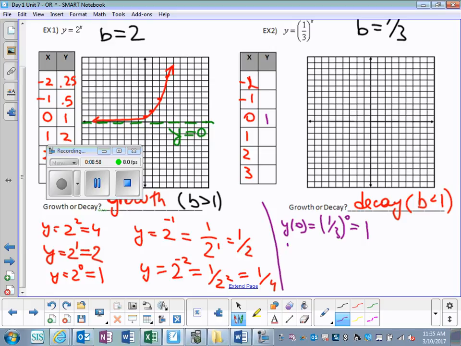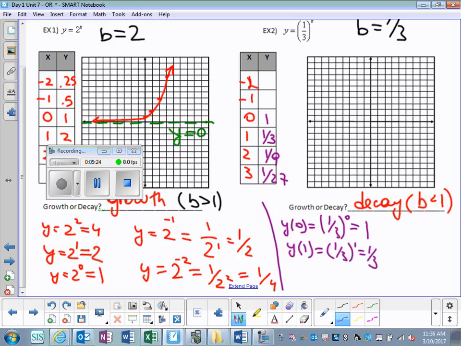What if x is 1? 1/3 to the power of 1 is just 1/3. For 2, that would be 1/9. And for 3, 1/27. See how we are getting smaller and smaller, closer and closer to 0. The higher the x, the closer my y gets to 0.